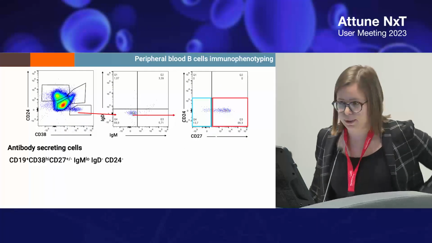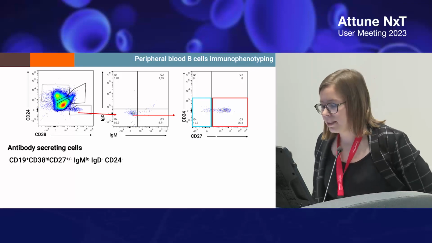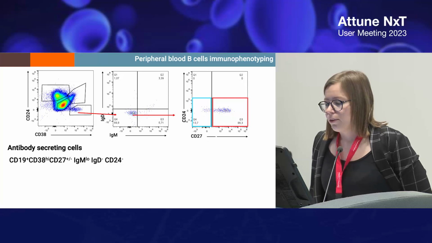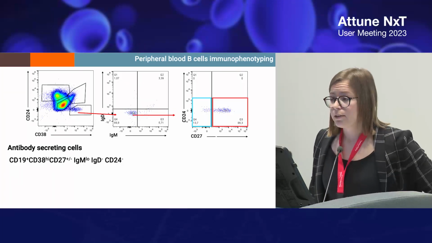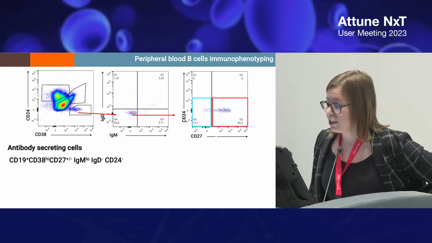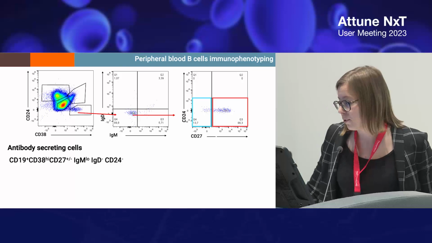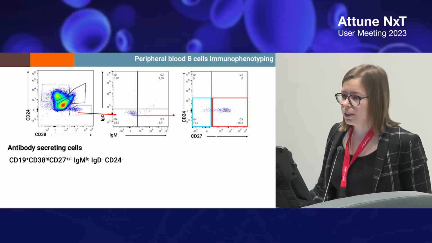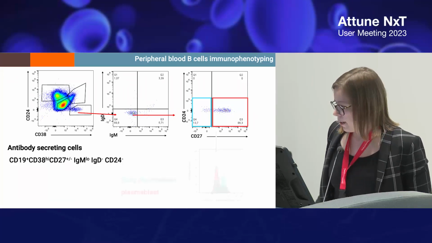The last group that we can identify with this basic gating strategy is the antibody secreting cells, which are negative for CD24 and positive for CD38. We can first check the expression of IgM and IgD. They are both negative for immunoglobulins, and we can distinguish two different populations according to CD27 expression.